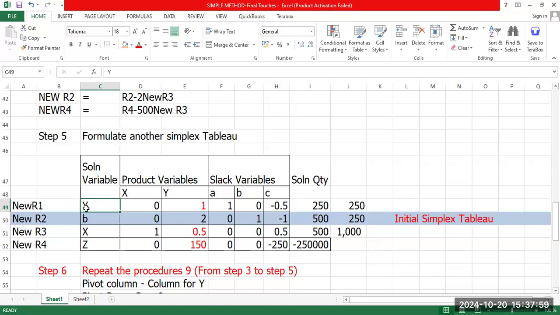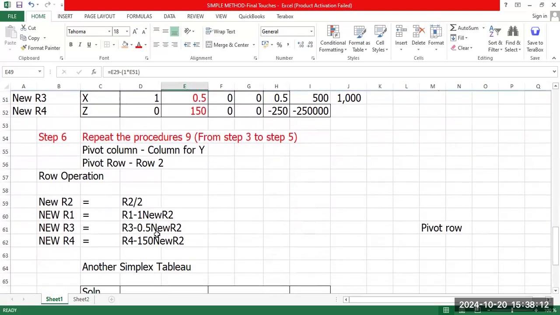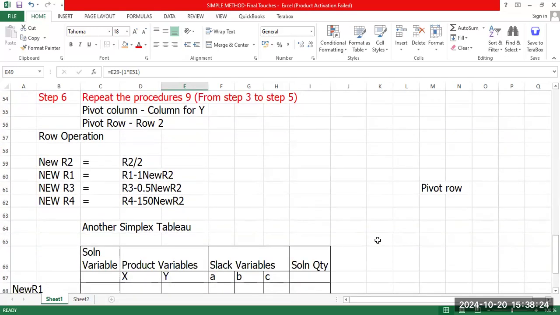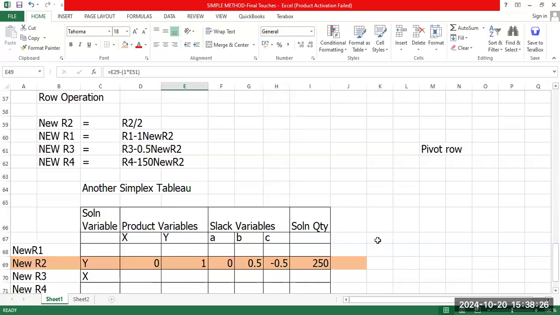Then the second condition is that if that formula that helped you to get 1 is not a pivot row, and along the way you find that you need to repeat the procedure, and again you're getting the pivot row, ask yourself where you're getting the pivot row. Was it the original pivot row or not?